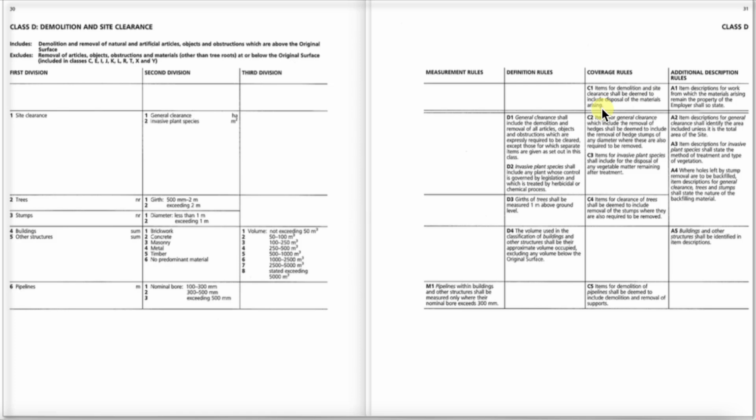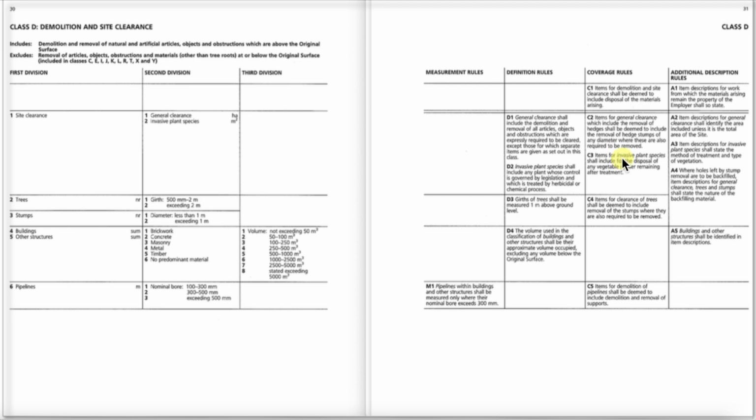It's not just the demolition and clearing, but it also means carting it all off to tip somewhere, and of course that incurs extra costs. So moving down to underneath the double horizontal line, C2, items for general clearance which include the removal of hedges shall be deemed to include the removal of hedge stumps of any diameter where these are also required to be removed.